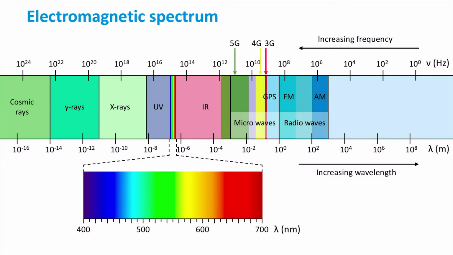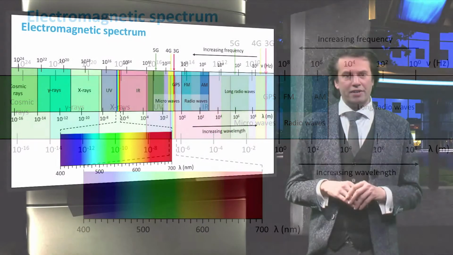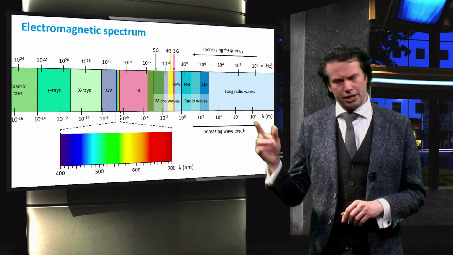FM radio waves are in the small wavelength part of the radio wave spectrum, while AM waves have a large wavelength. Even larger wavelength photons ranging from 1 kilometer to over 1 million kilometers are considered long radio waves. In photovoltaics, we are mainly interested in ultraviolet, visible and infrared light, as we will see in a moment.